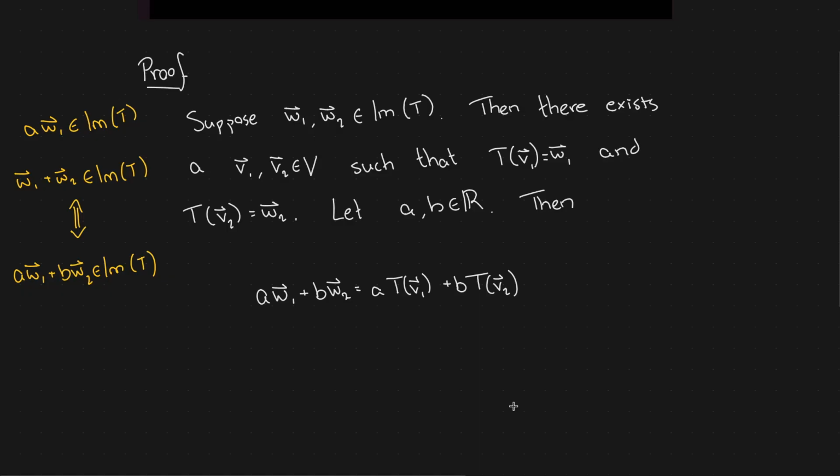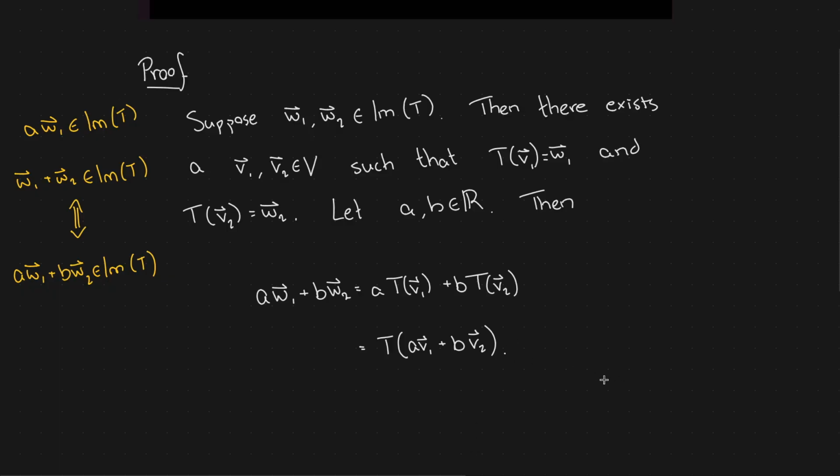Okay, but T is a linear transformation, right? Which means it preserves linear combinations. So I can move the scalars inside the transformation. I could also move the sum inside the transformation. So this is going to be equal to the transformation of A times V1 plus B times V2.